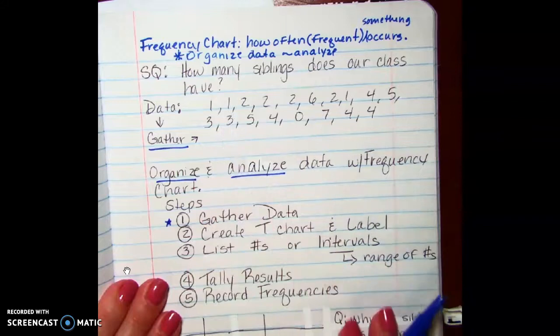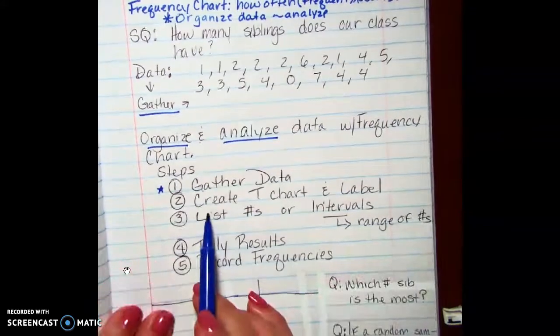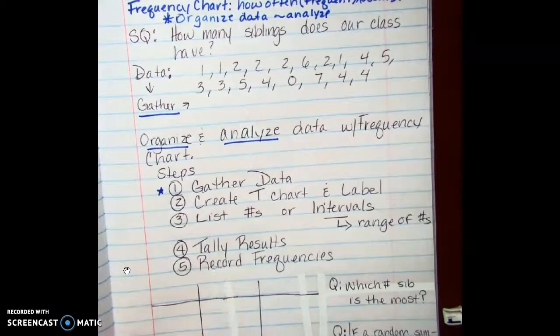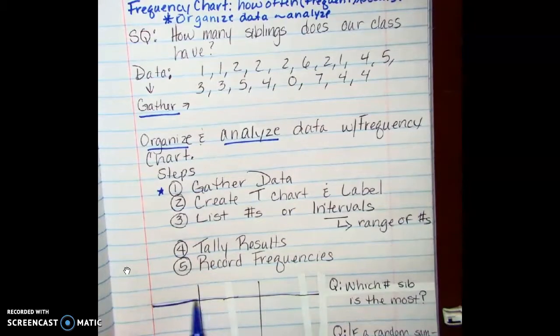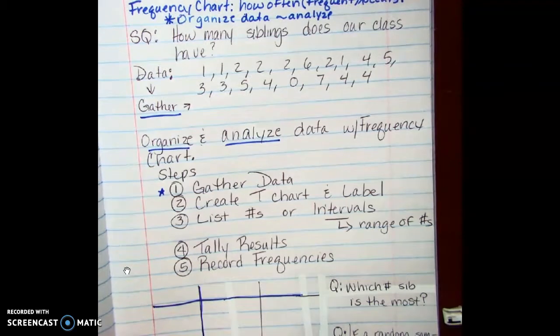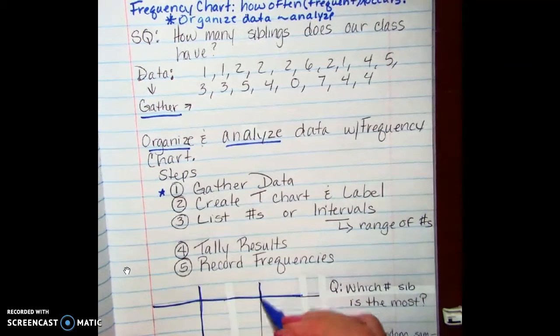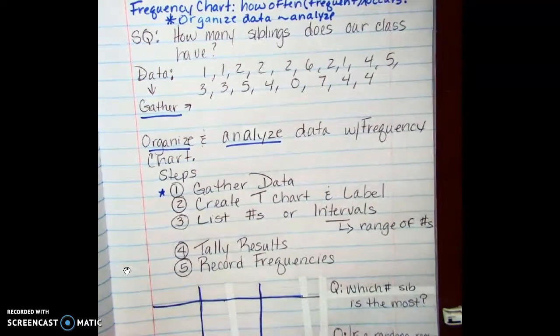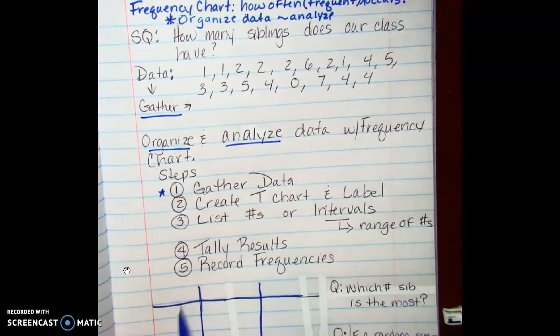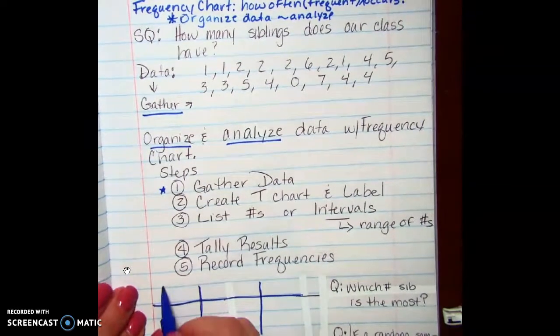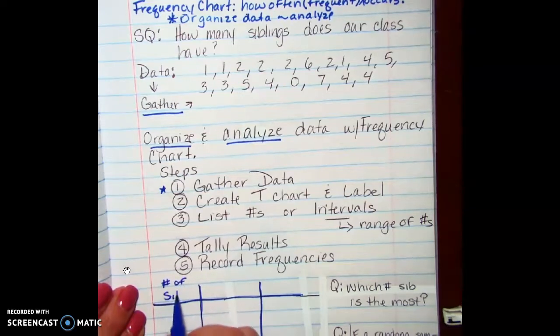It's all up here. Then you have to create a T-chart and label. Well, let me show you. This is actually my T-chart. It's a double T-chart because I need to label it. Now, let's go ahead and label this. The first thing I'm going to label is this column here, and this is the number of siblings.